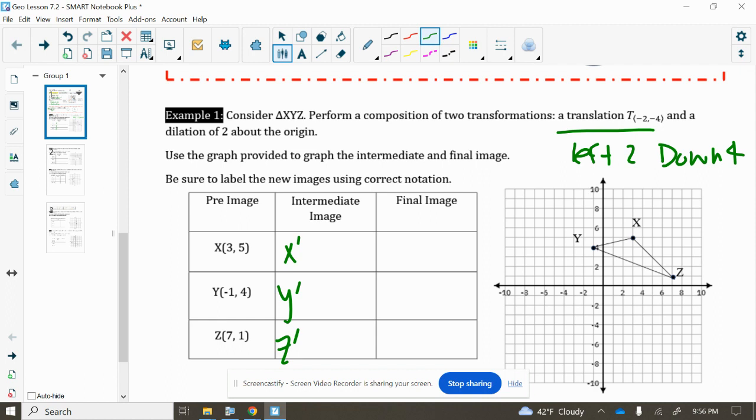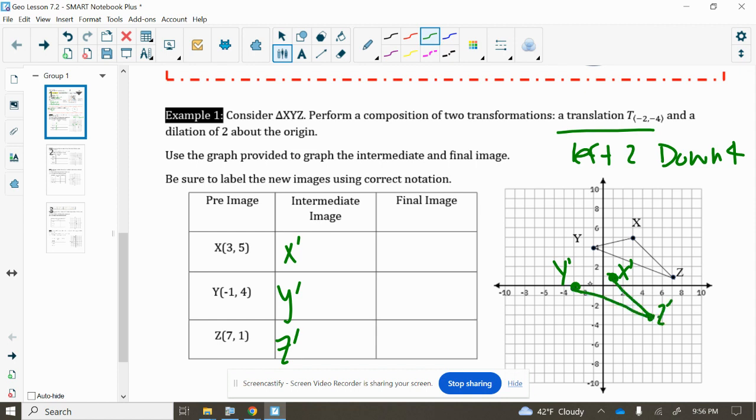So we take all of our points, we go left 2 and down 4, so we end up at 1, 1 for x prime. Y goes left 2 and down 4, so y prime is at negative 3, 0, and then left 2 and down 4, we end up at 5, negative 3 for z prime.